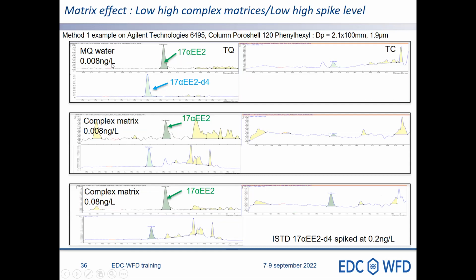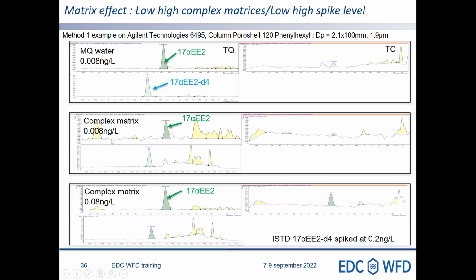The level here is equivalent to 1/3 of the new EQS of 17-alpha ethinylestradiol. And here you have the internal standard. It is a deuterated one, and as you all know, with deuterated standards we have some little differences in retention time, so it's quite normal.